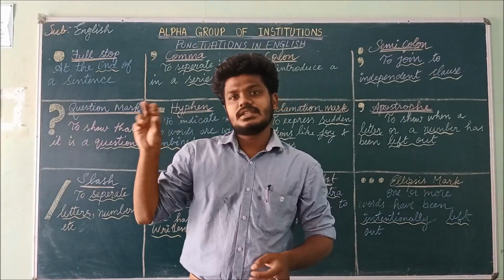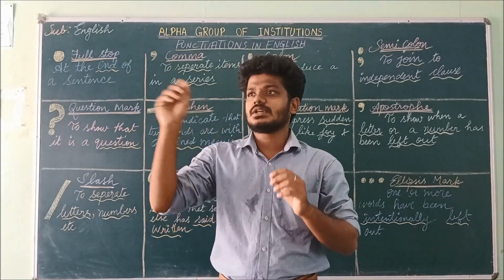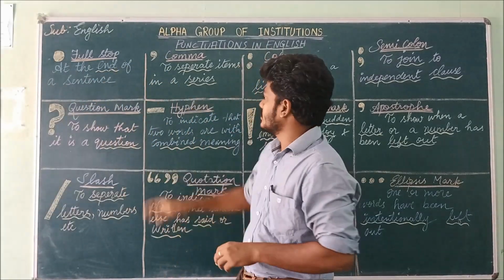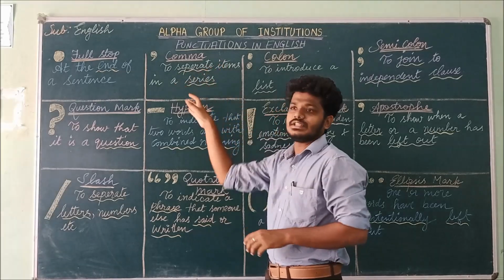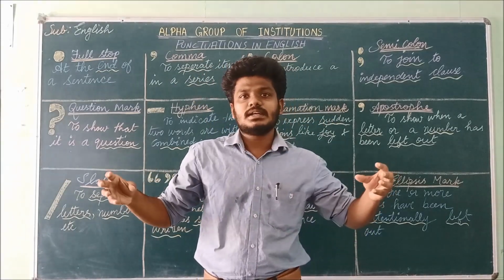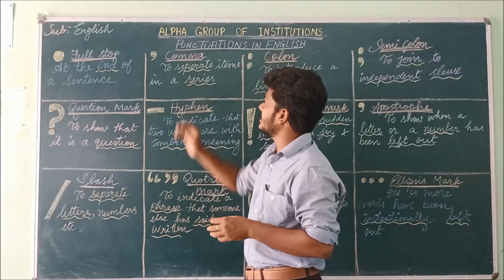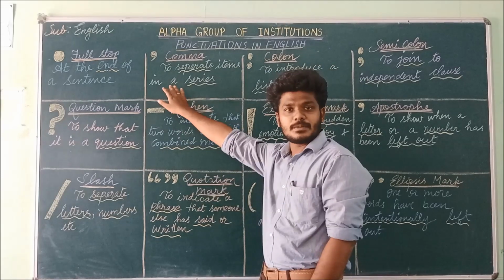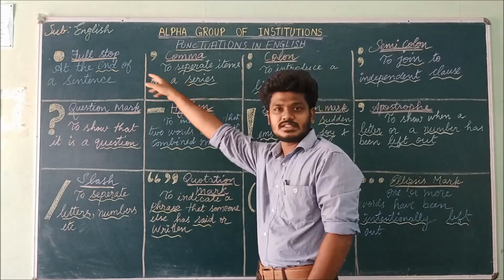In this series, instead of putting a full stop or something else, we are using a comma to continue the list. So the green, yellow and pink dresses are coming in the item list of a series, and we are separating them with the usage of a comma. Clear? So that's the purpose or the usage of comma in a sentence.